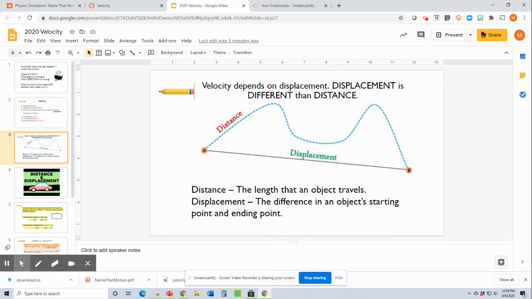We get by with that because of the way things are graphed. I don't want you to get overly concerned about it, but we do want to make sure you know that technically velocity depends on something called displacement. And displacement is different than distance. Remember, speed depends on distance. Velocity actually depends on displacement.